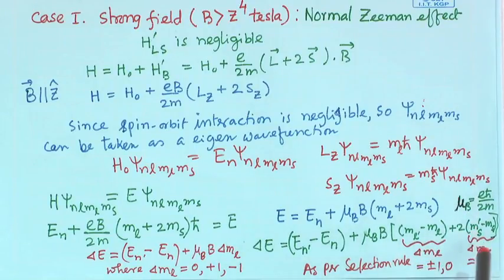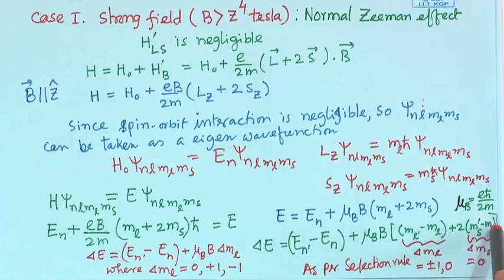Now if we apply the selection rule, you know the selection rule del m s equal to 0 and del m l equal to plus minus 1 and 0. So the transition is only possible when del m s equals 0.